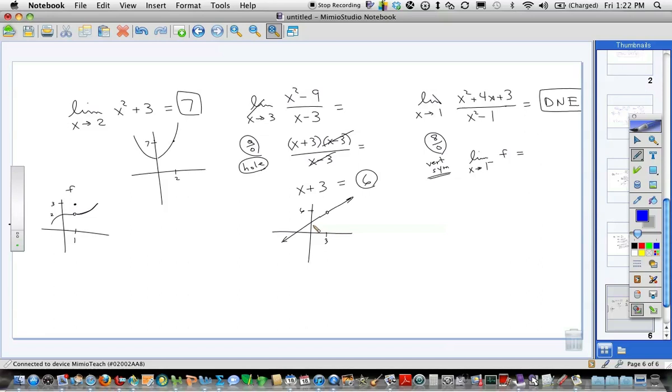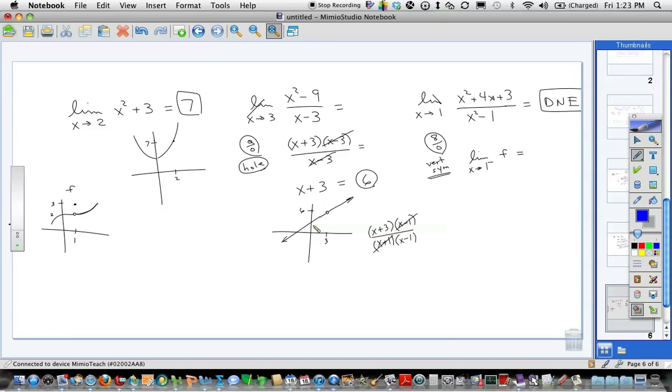Now, I guess I could have factored this. Even though we were getting 8 over 0, I probably could have looked at this to see if it factored. The top is x plus 3 and x plus 1, and the bottom is x plus 1, x minus 1.